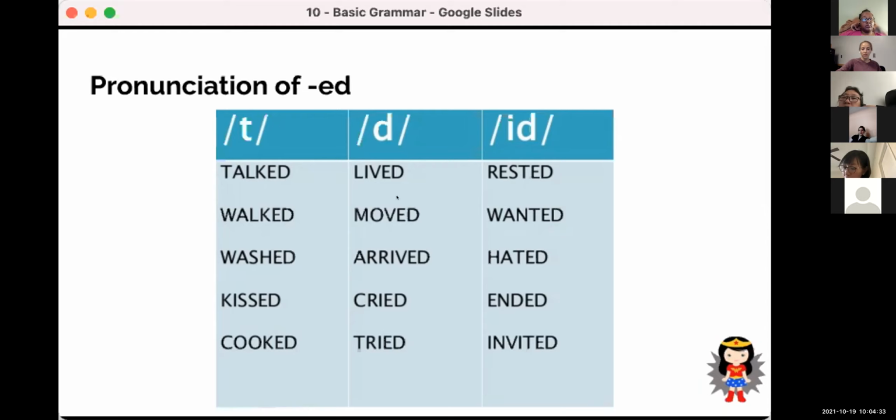A lot of times when we see this ED, that extra syllable usually happens when there is a vowel sound or vowel letter. But with this ED ending, we don't add an extra syllable. Live, lived. Talk, talked. There's no extra syllable there. It just blends right into the next sound.